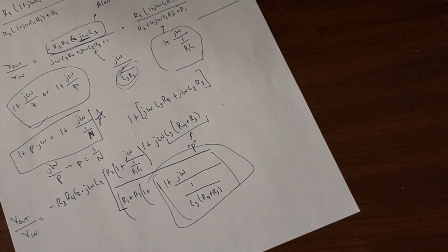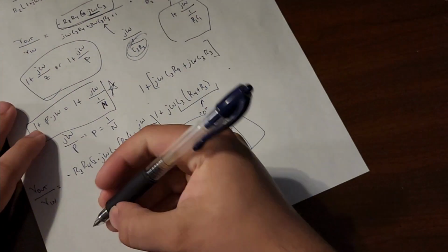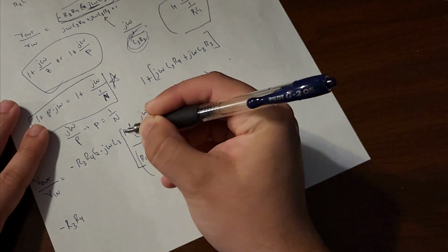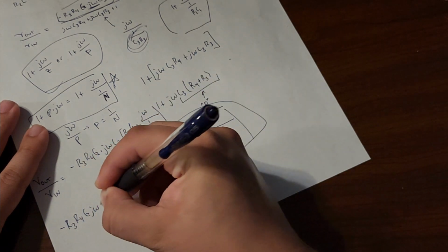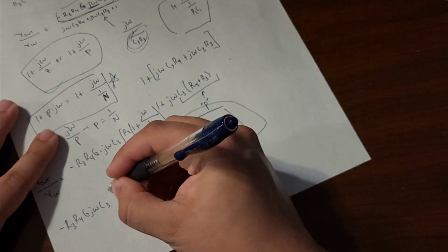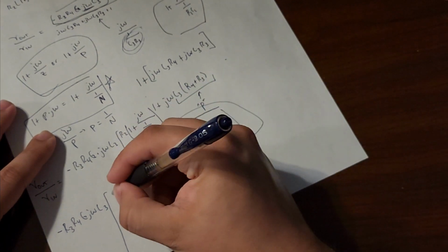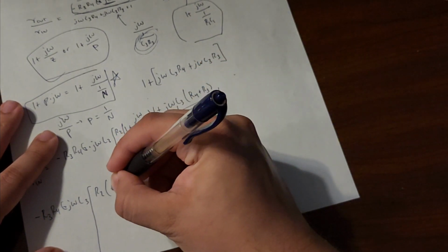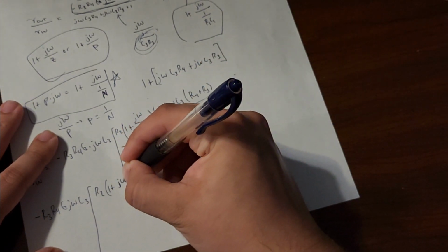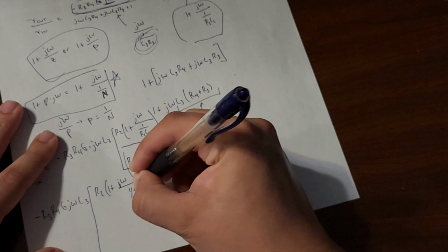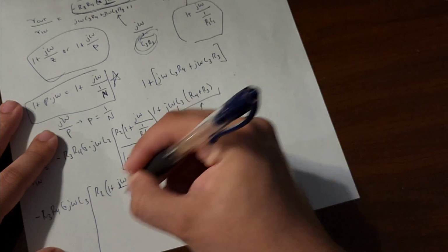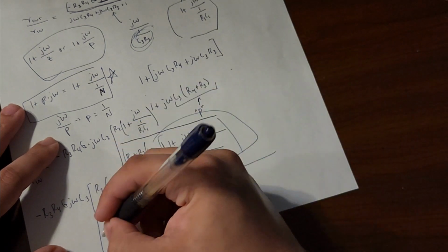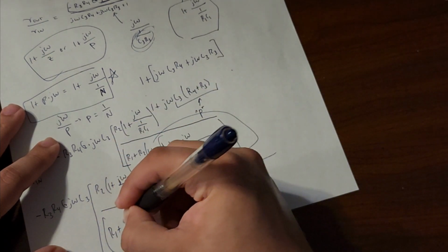Anyways, I hope y'all get that. Let me see if I can rewrite this. Negative R3, R4, G, j omega C3. There we go. This is more space. R2 times 1 plus j omega divided by 1 over R1 C1, divided by, yeah, that's way more space. Okay. So then what we have is R1 plus R2.